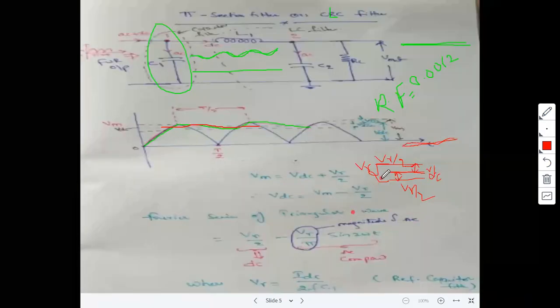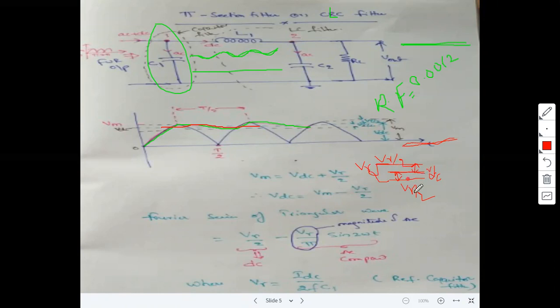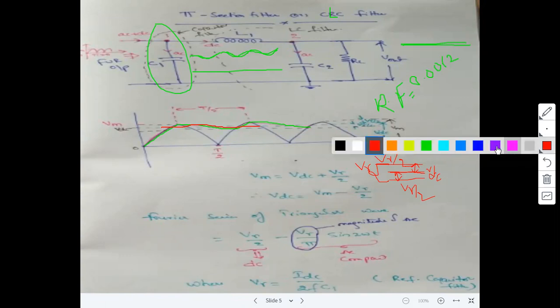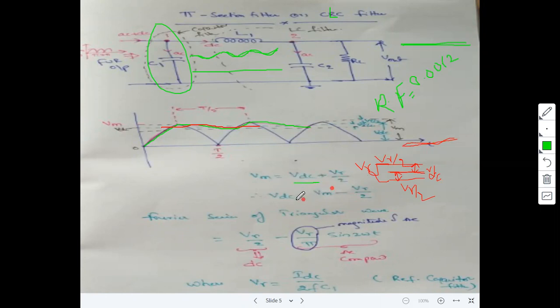Now the peak voltage Vm is equal to VDC plus VR by 2. From that, VDC is equal to Vm minus VR by 2.